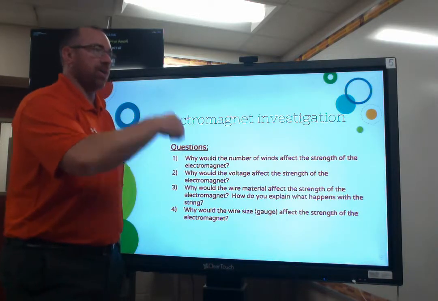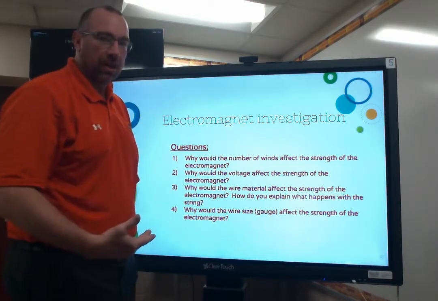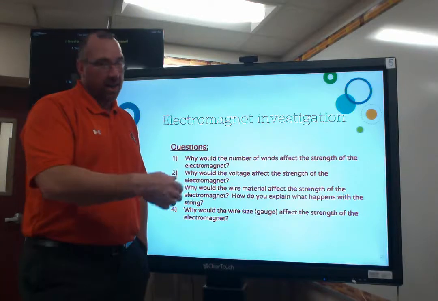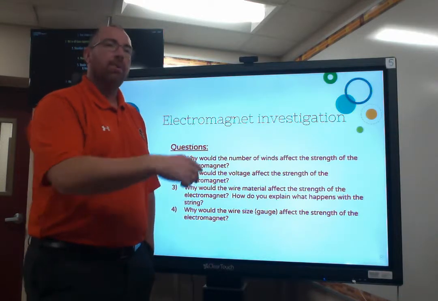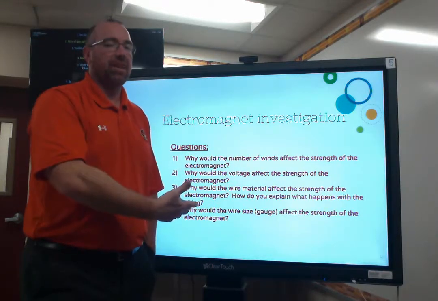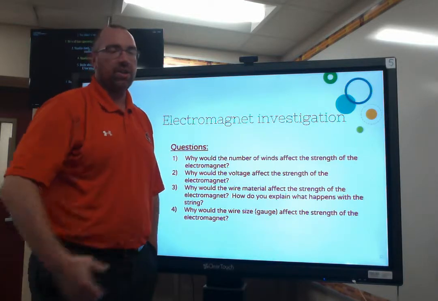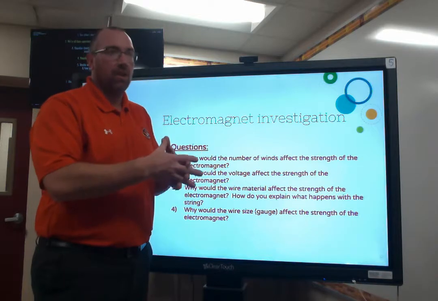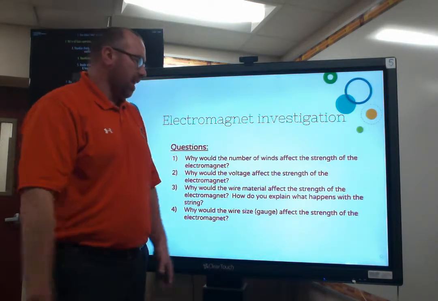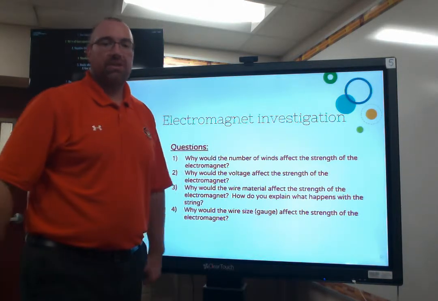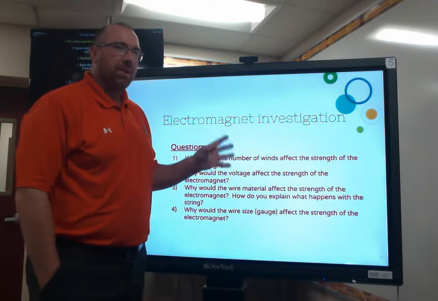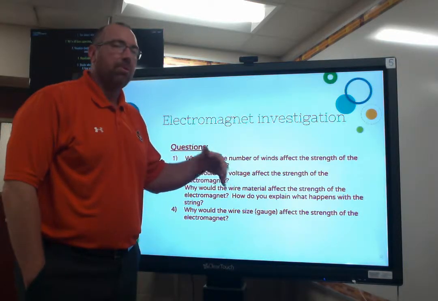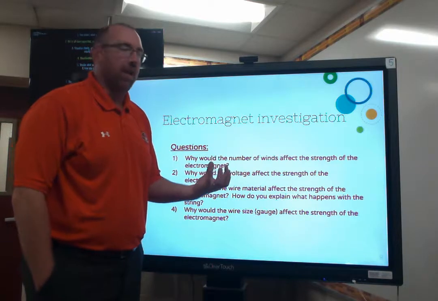However, you are increasing the amount of charge that is in a particular area around that core, which is increasing the strength of the electric field, and therefore increasing the flux moving through the core, and it's a stronger magnetization. So it would increase the strength of the magnet by putting more charges around the core.